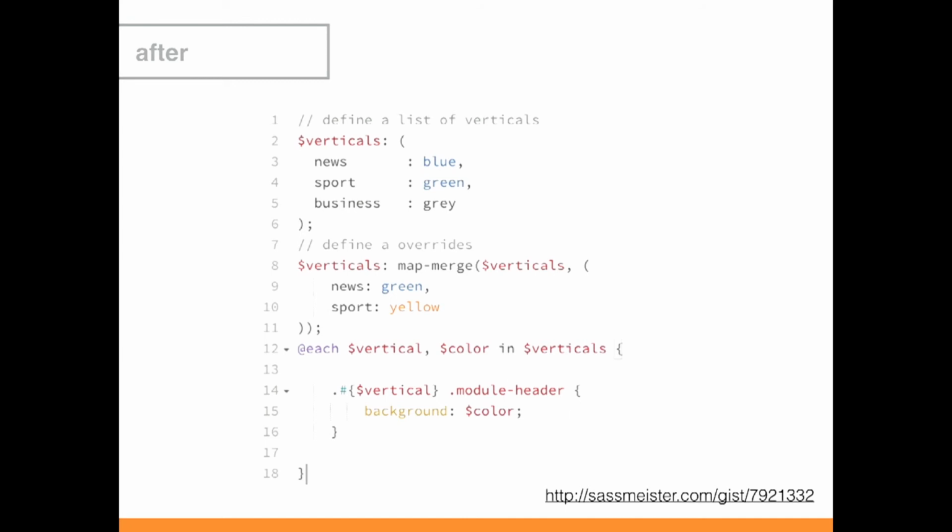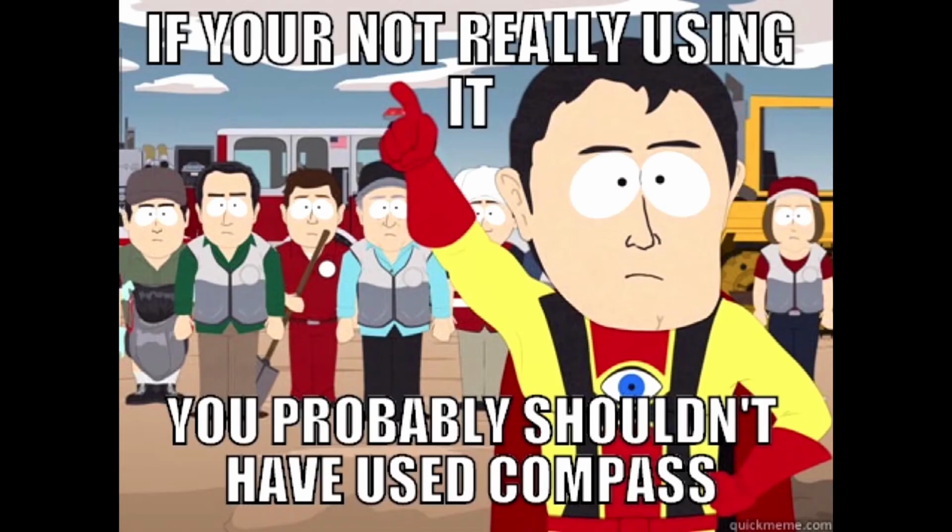So what do I have next? If you're not really using it, you probably shouldn't use Compass. That is something that I regret, immediately deciding to use Compass early on. One of the reasons I decided to use it was mainly for the sprite generation. If you take the sprite generation away, you could write your own mixins to do CSS3 and that sort of stuff.